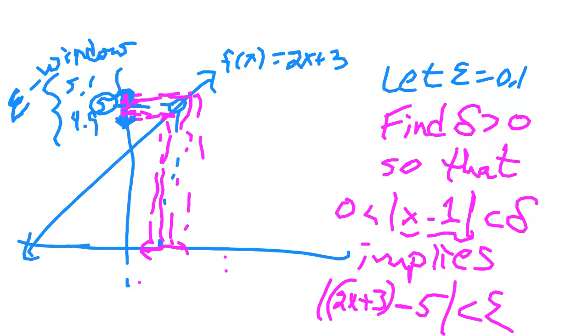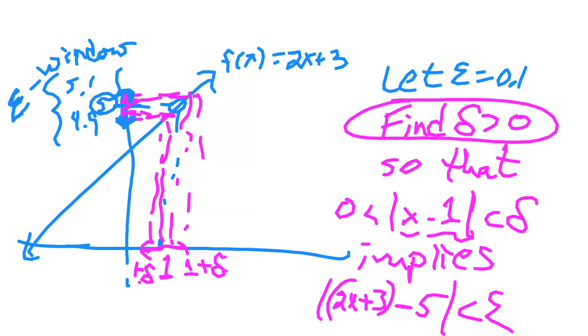And of course, for my A here, I need to find a delta. So this is going to be 1 plus delta. This is going to be 1 minus delta. So once again, I need to find that delta so that any x value in here, once again, see if I can use a different color.